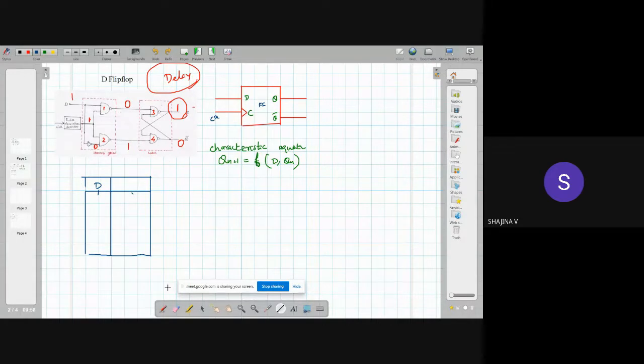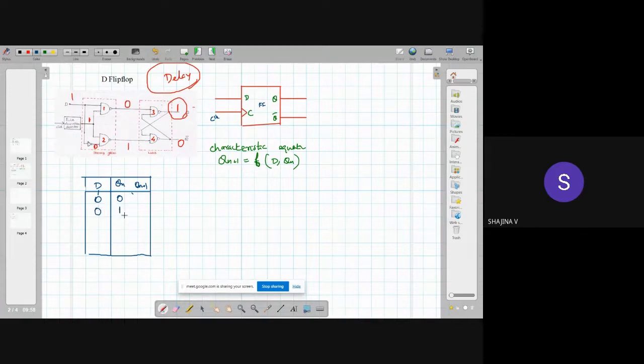Okay, so here we can write Qn and Qn plus 1, if I am considering. So here we can write for D equal to 0. For D equal to 0, you know the output is 0, right? So for both conditions, whatever the present state, for D equal to 0, if present state is 0, or for D equal to 0, present state 1.